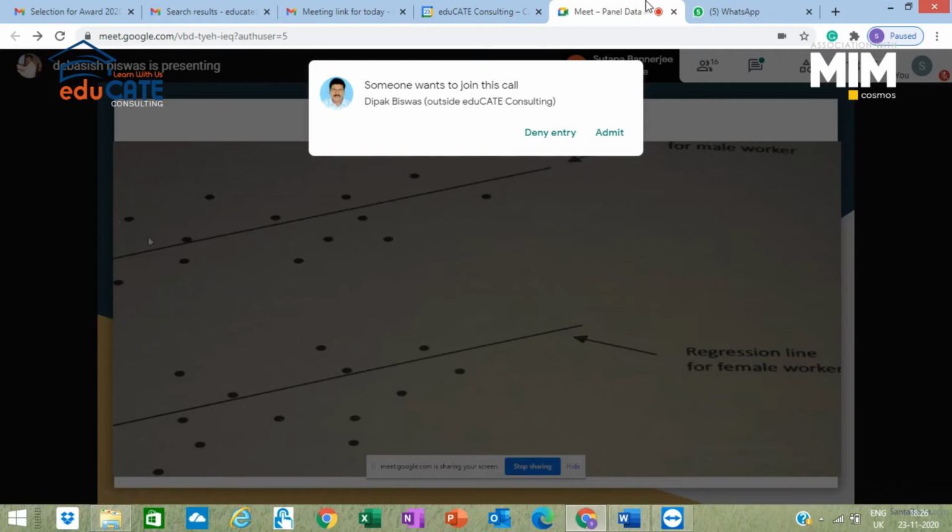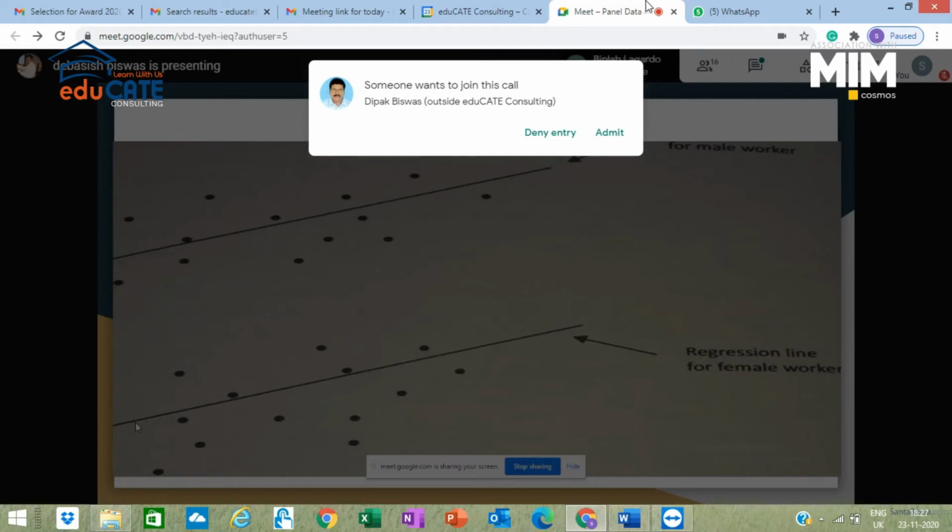This is the slope of the male worker, and this is the slope of female worker. That means here the slope is positive in case of the male worker, and in case of the female worker, the slope is also positive.